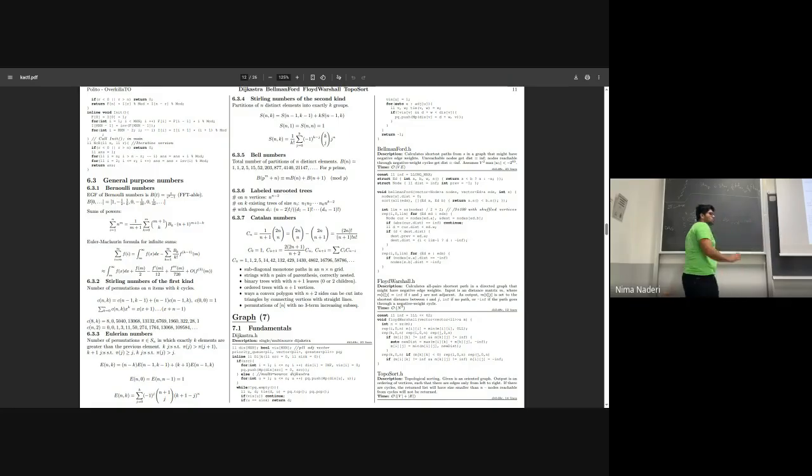We add nodes one by one, and when we add a node, we consider all the pairs and relax their DP with this path. So DP of u1, u2 is equal to the minimum of itself and the sum of DP of u1, v and DP of v, u2. So basically we have an N³ algorithm to get all of the shortest paths.